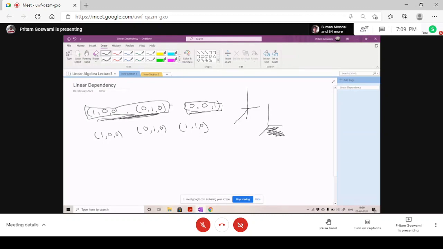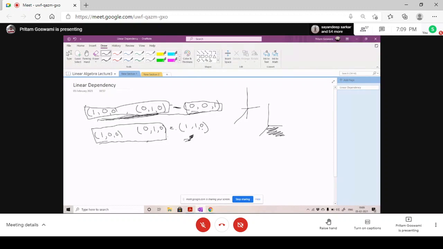But here you can see that this vector belongs to the span of these two vectors. That's why these three vectors can span the whole of R3, but these three cannot. So in a formal way, we can say that these three vectors are linearly independent and these three vectors are not.